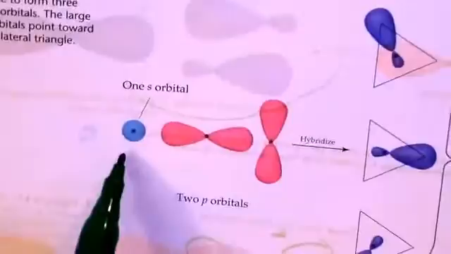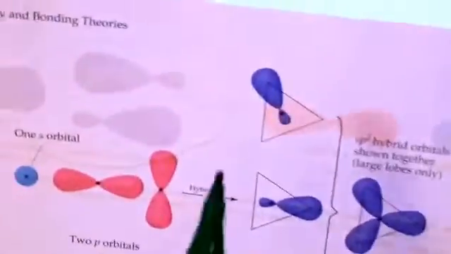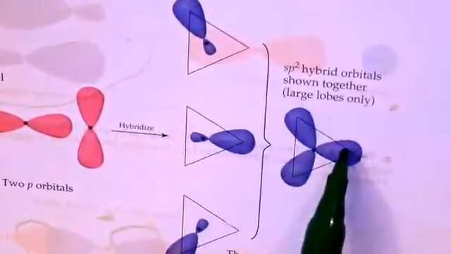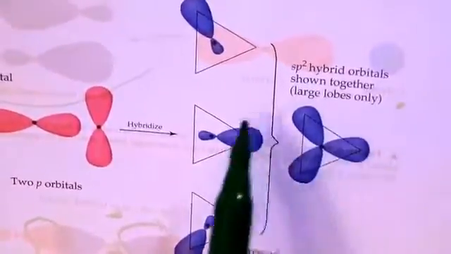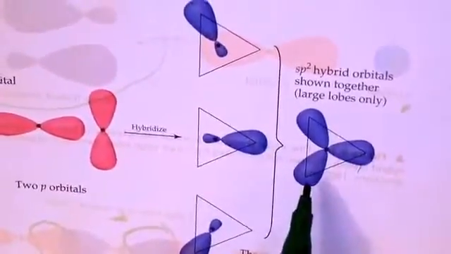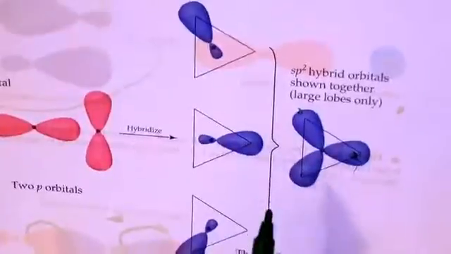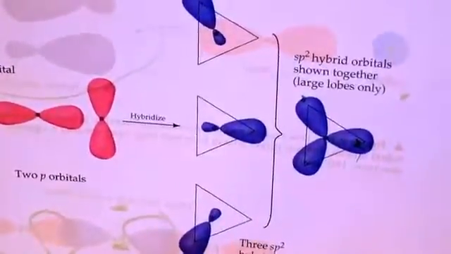Your book does a better job of showing this. Here's an s, here's 2 p's, combine them together, and we get 1, 2, 3 orbitals in a trigonal planar geometry that allows 1, 2, 3 areas of bonding to occur.